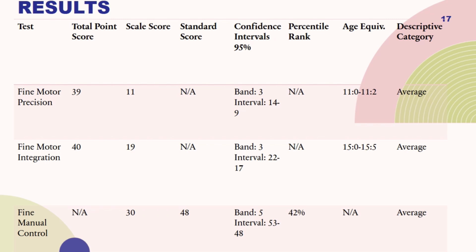And their percentile rank ranked him in the 42nd percent. And based off of his performance for both of the subtests, his fine motor precision age equivalency was 11 to 11.2 years. And then for fine motor integration, it was 15 to 15 and a half years. And all of these numbers basically mean, on a more descriptive level, that he placed average for all of his results.